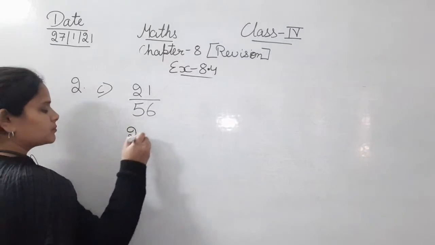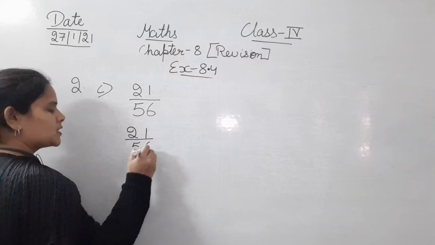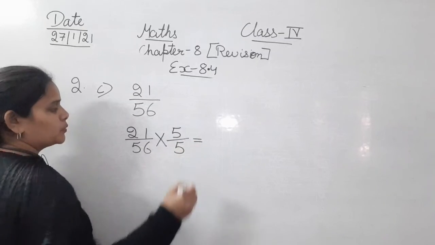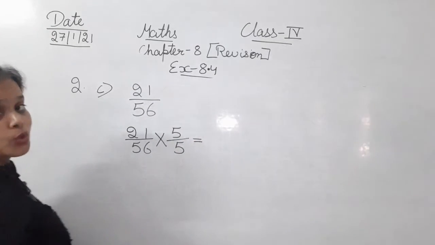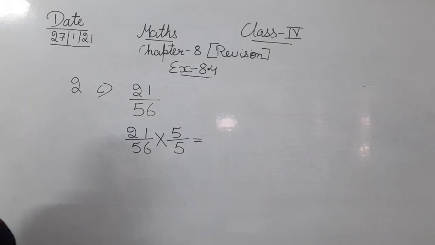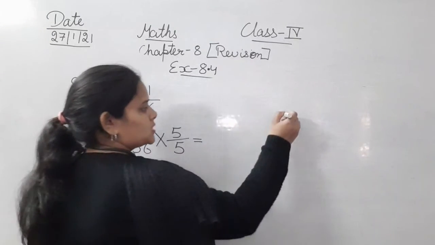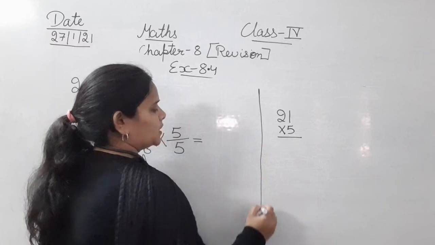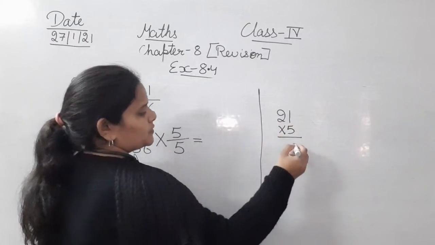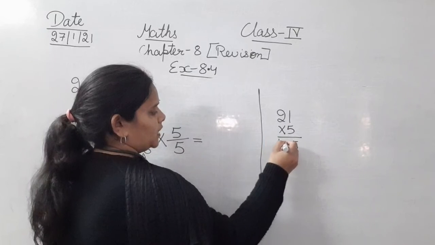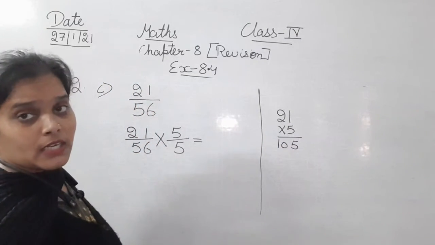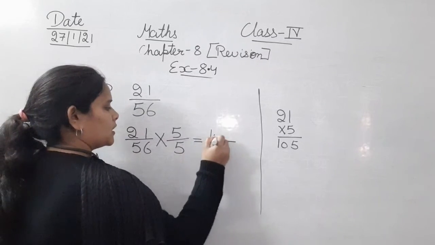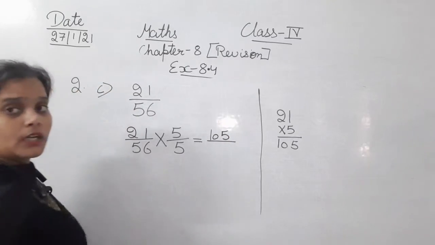So let's multiply 21 upon 56 by 5, the numerator as well as denominator they both will get multiplied with 5, दोनों को हम किससे मल्टीप्लाई करेंगे, 5 से, ओके। सो 21 मल्टीप्लाई बाय 5, so this calculation you can do in the rough, ओके। 5 1s are 5, 5 2s are 10. So after multiplying 21 with 5 you got 105, okay.